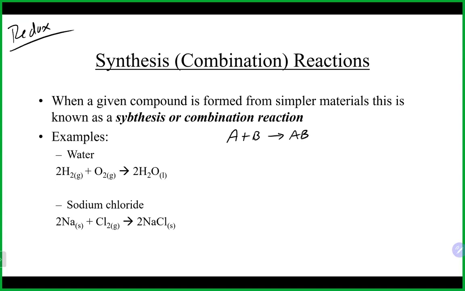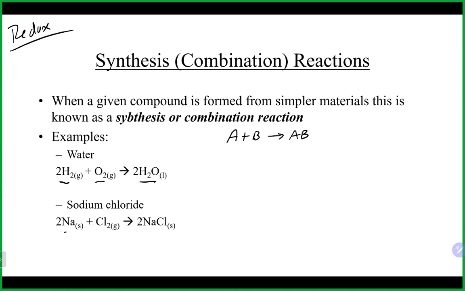So basically combination, or putting those things together. So two things that make one thing is your classic combination reaction or synthesis. So here we have H2 and O2. Two things making one thing, water, is definitely a combination or synthesis.